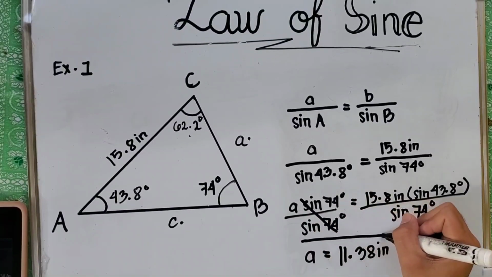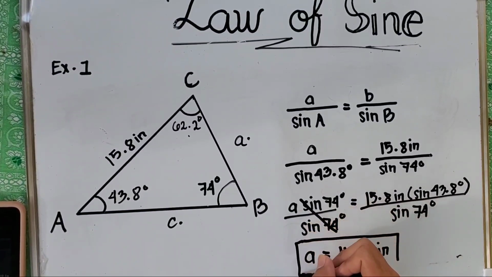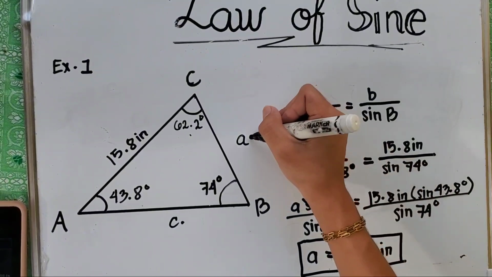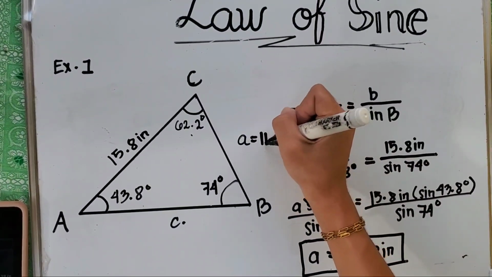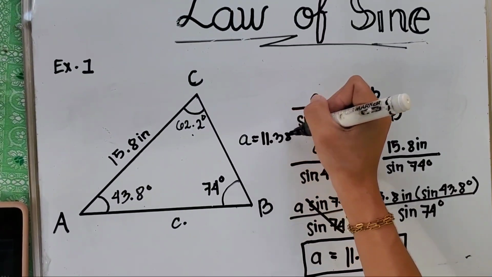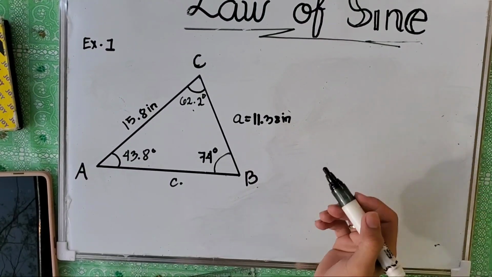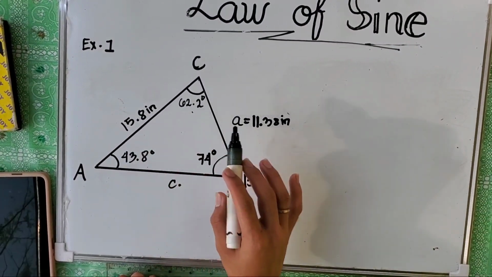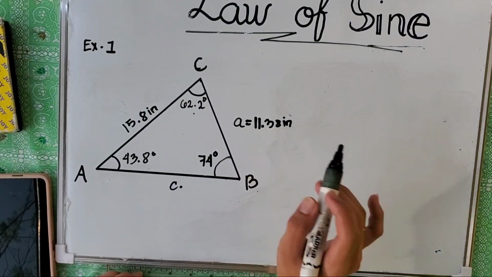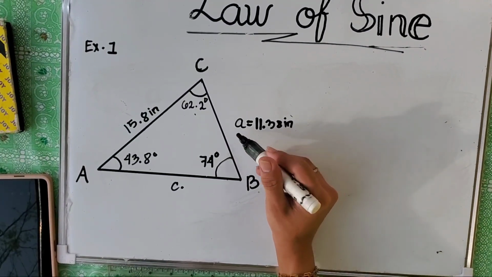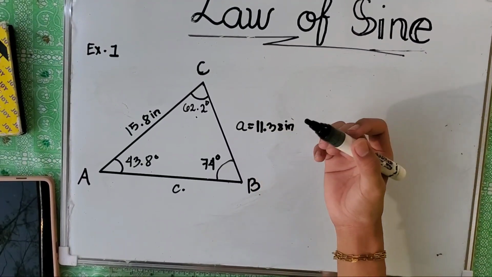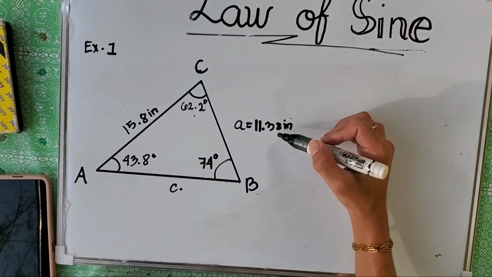And this is the value of our side A, 11.38 inches. So we solved for the first unknown side, which is A, with a value of 11.38 inches.